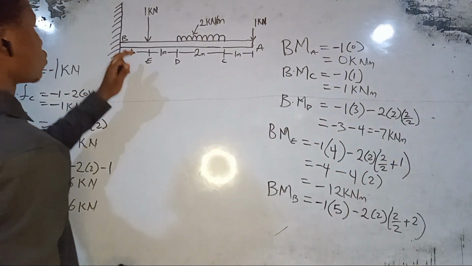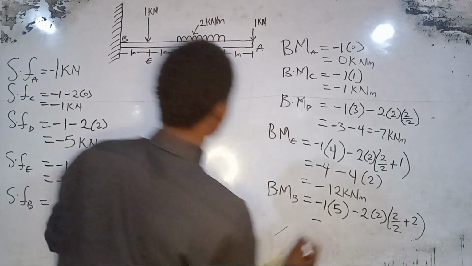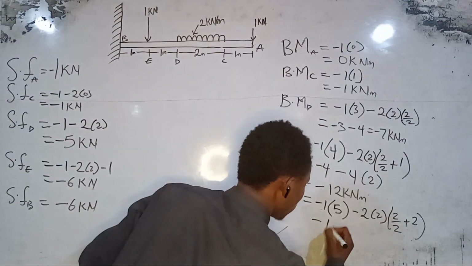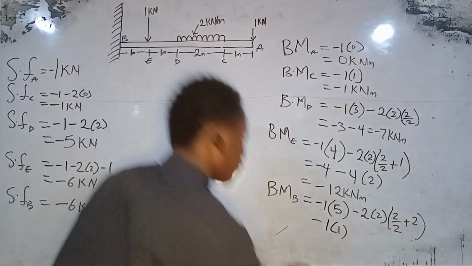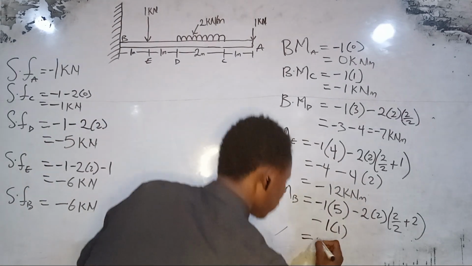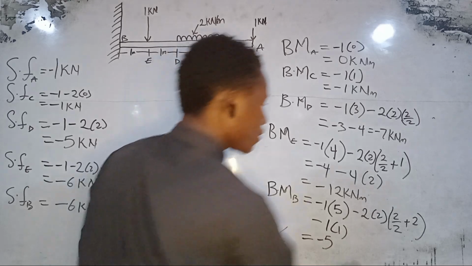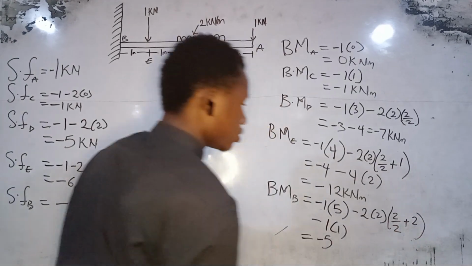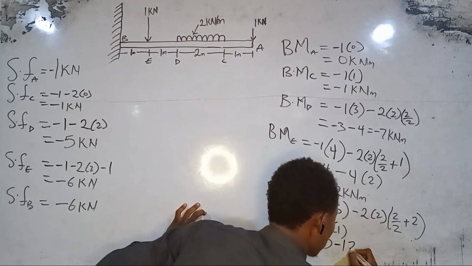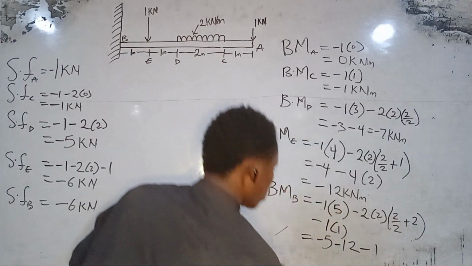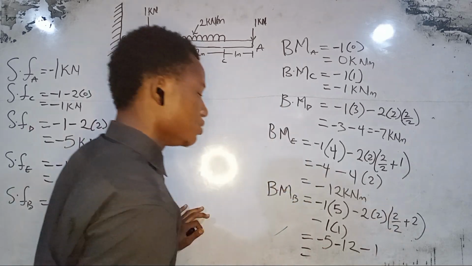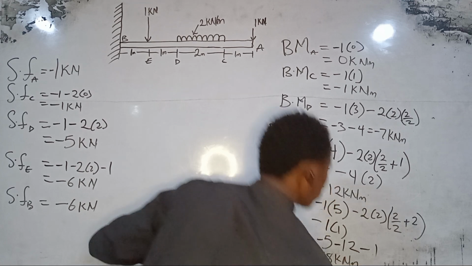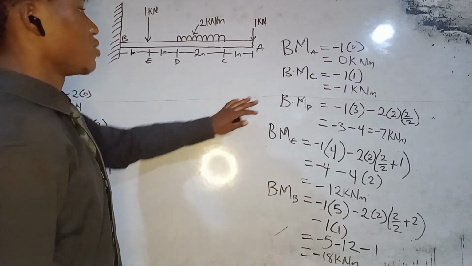Then minus, we have minus 1 times the distance here, which is minus 1 times 1. If I sum it all up, I have minus 5, then 4 times 3, minus 12, and minus 1, which is our answer, equal to minus 18 kilonewton meter. That will be our bending moment at B.